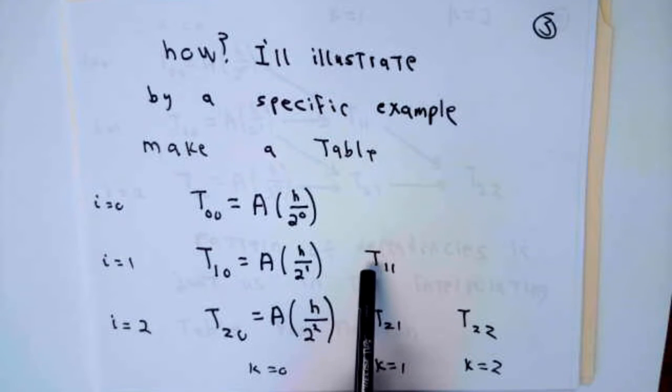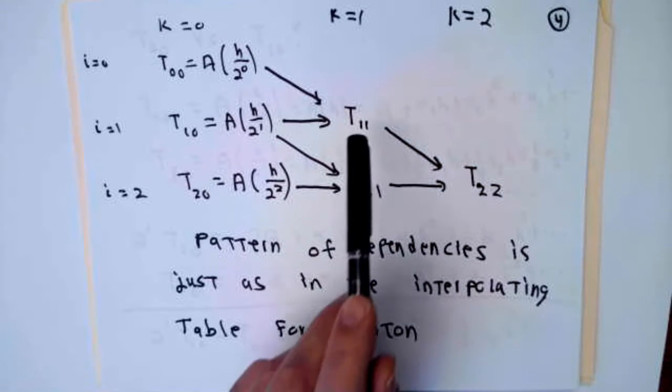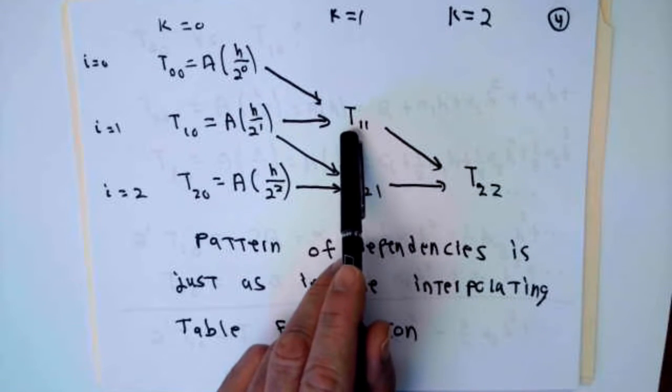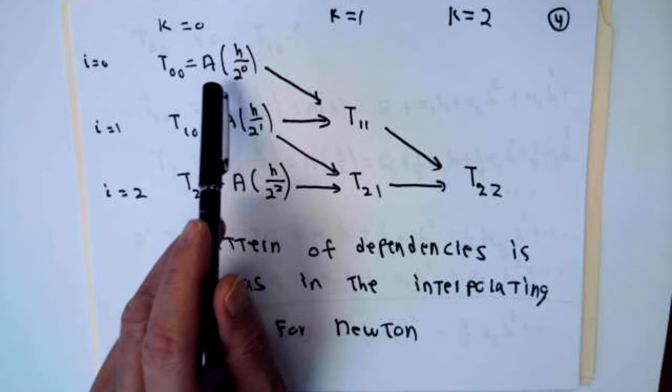I'll have numbers T11, T21, and T22. I'm going to try to mimic the interpolation table as much as possible, but my goal is to get more accurate approximations. In fact, I'm going to mimic the behavior of the Newton table so much, even the dependencies are going to be the same. To get this number, I'm going to somehow combine the number immediately to the left and the number above.